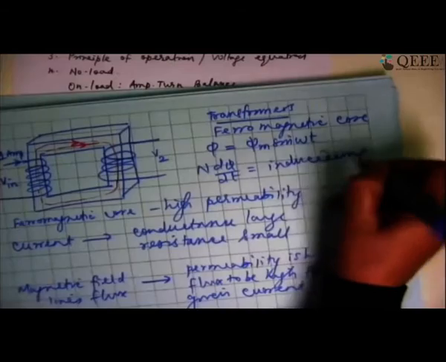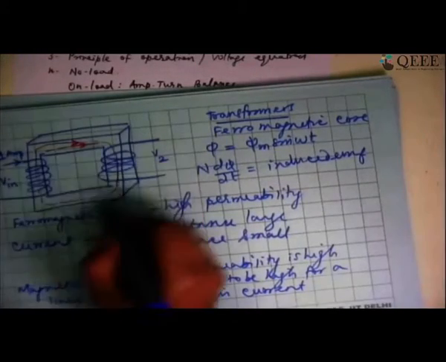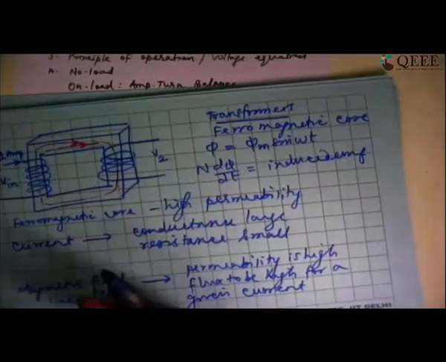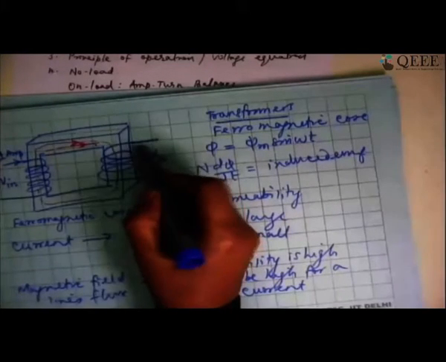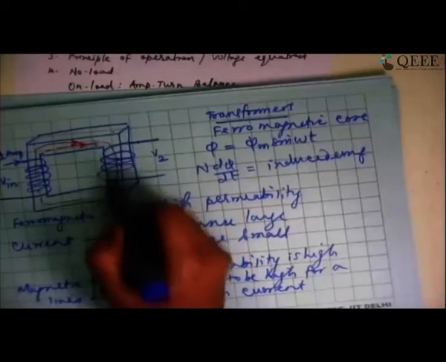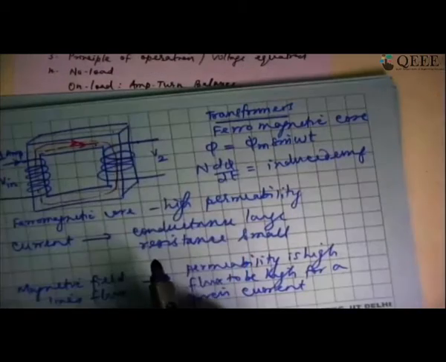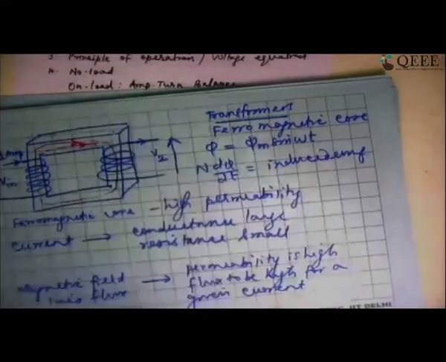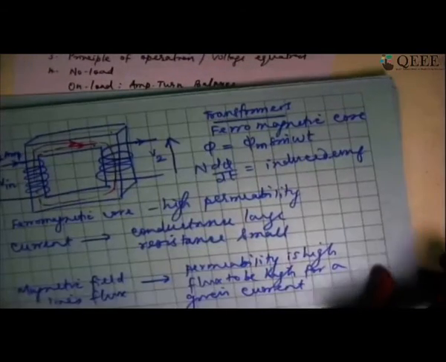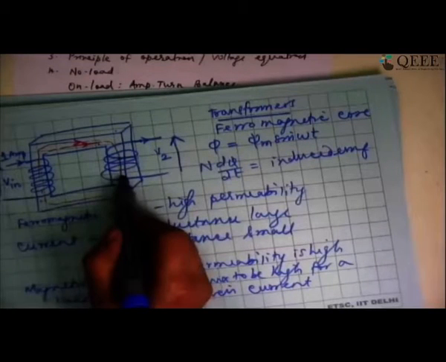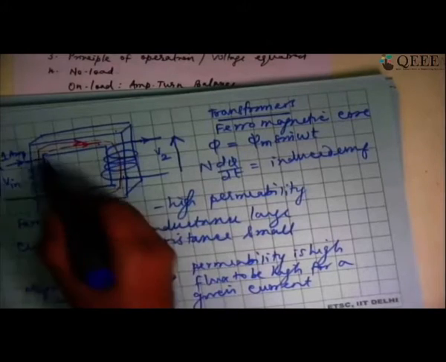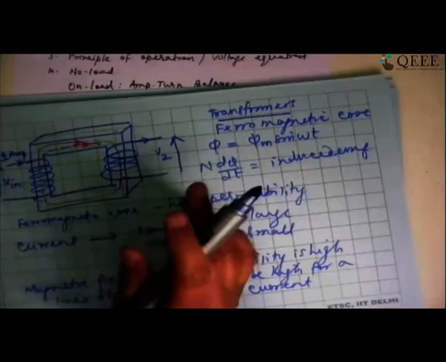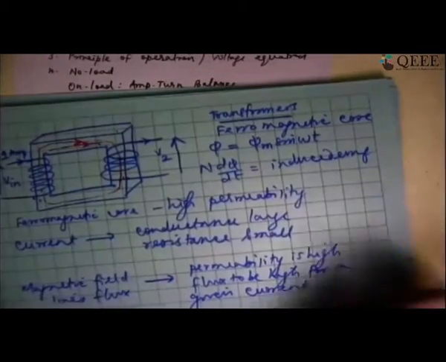So I'm going to have essentially a flux set up in the ferromagnetic core, which is going to change with respect to time. Because it is changing with respect to time, this coil is also going to see a change of flux. So it will have an induced EMF. That induced EMF we are calling as the secondary voltage. So the transformer essentially will induce a voltage in the secondary coil if the primary coil is excited, provided both of them are wound on a ferromagnetic core. This is the basic construction of a transformer.